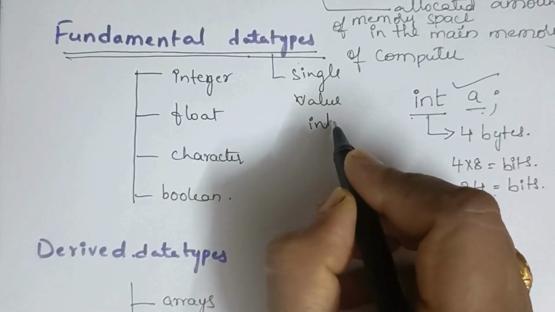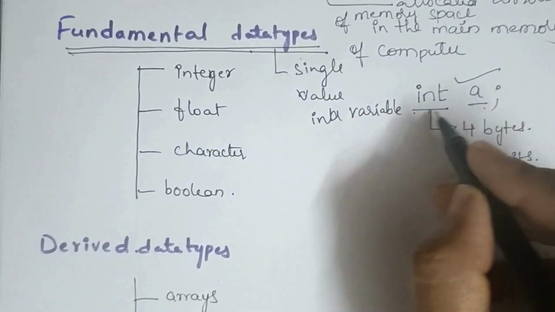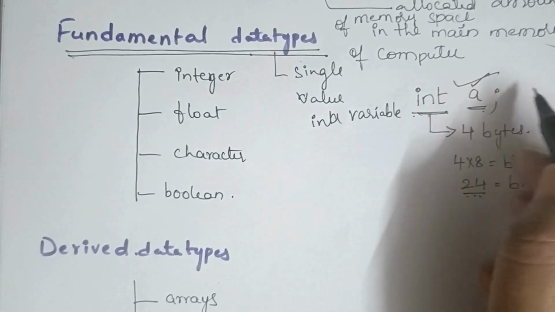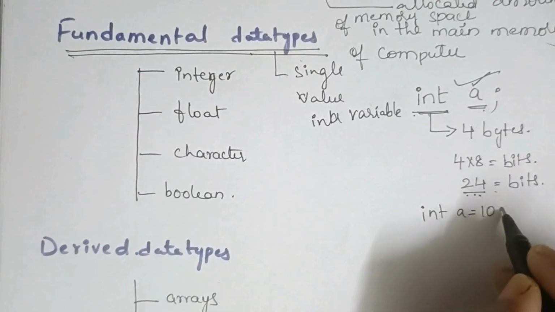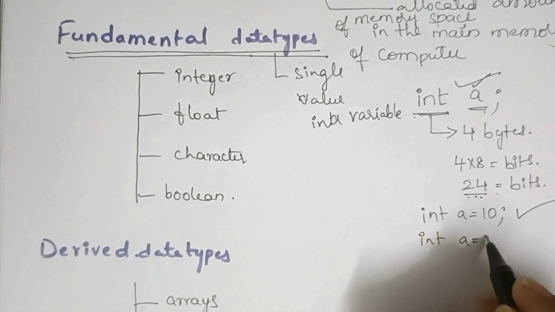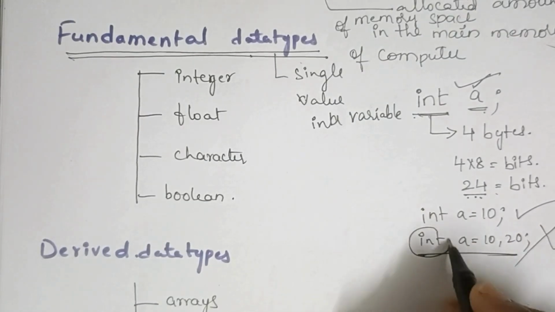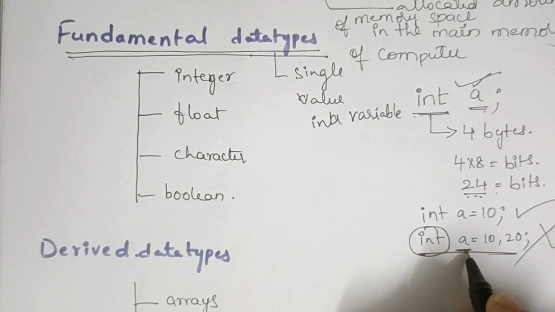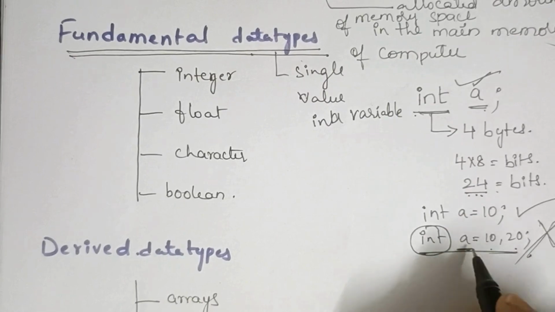Whenever we declare an integer data type, a can store only a single value. For example, int a = 10 stores only one value. If I want to store two values, I cannot do that in a fundamental data type variable.